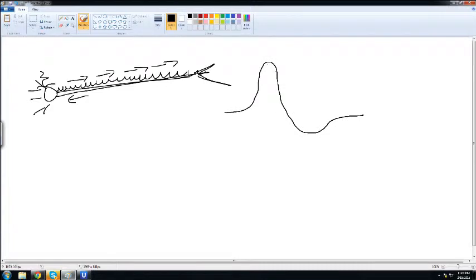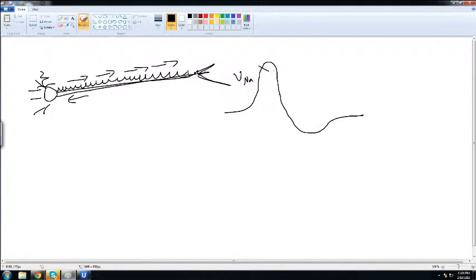So remember what happens here is there is opening of voltage-gated sodium channels. And here, they turn off. The voltage-gated sodium channels will shut down. They will inactivate. They cannot be opened again.